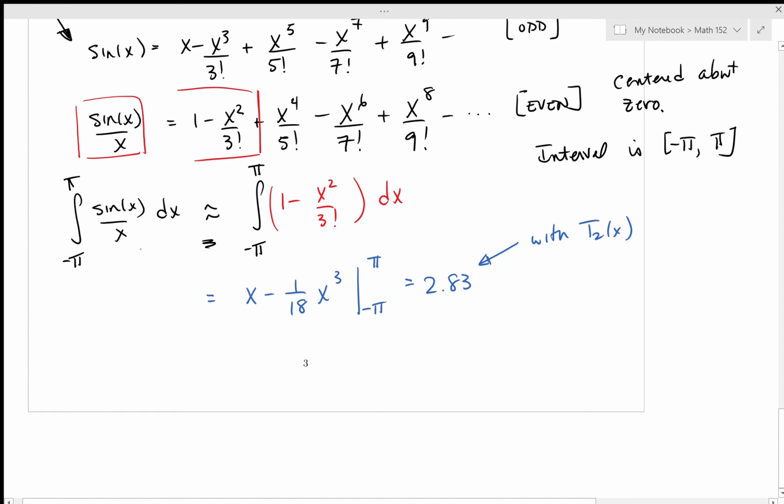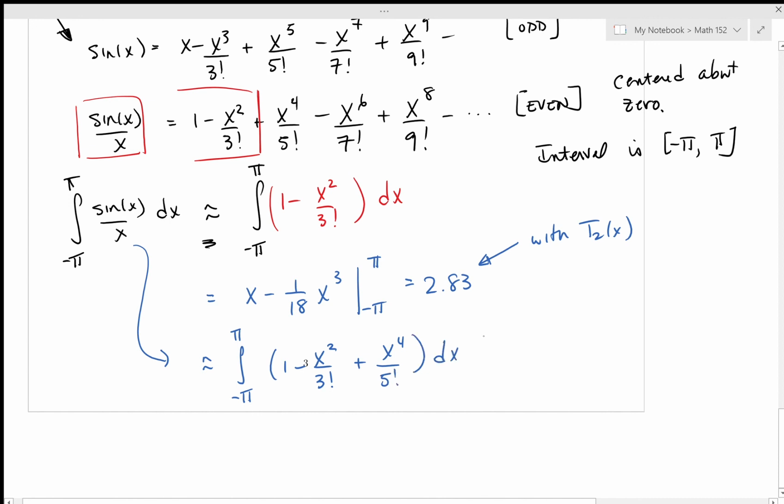Then I could, if I wanted, of course, instead make a T3 approximation. So I could say, well, this integral instead is actually approximately this, and this will be better. Okay, I'm using more terms. It's going to be better. I could use a T4 polynomial. Let's just write that as 5 factorial.